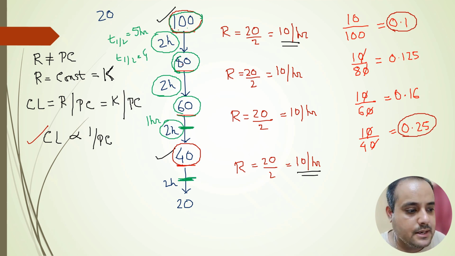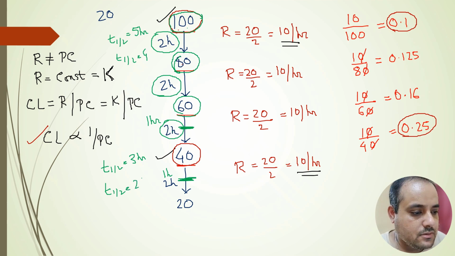And what is the time that I am taking? 2 hours plus 1 hour to reach here. That means now the T half is 3 hours. And from 40 to 20 in 2 hours only. So now the T half is 2 hours. Right?